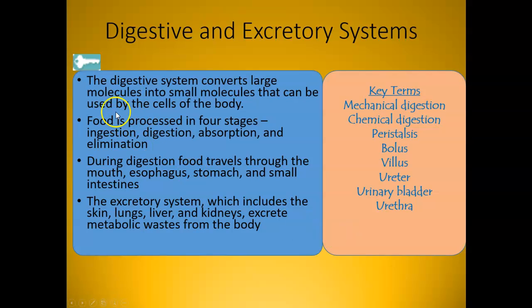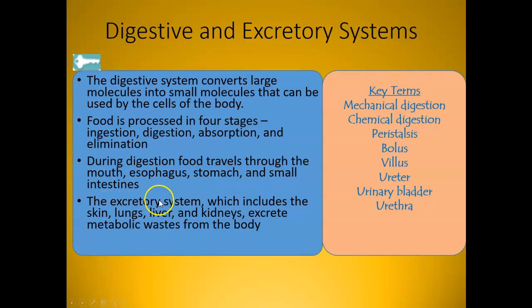So our objectives for the day: the digestive system converts large molecules into small molecules that can be used by cells of the body. So we'll talk about how that happens. So food is processed in 4 stages: ingestion, digestion, absorption, and elimination. And then during digestion, food travels through the mouth, esophagus, stomach, and small intestine.